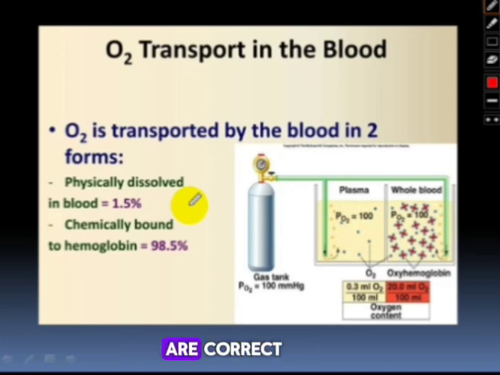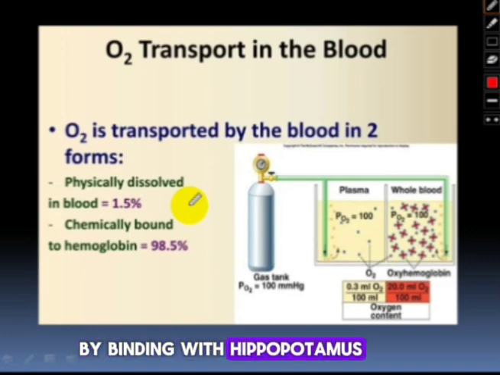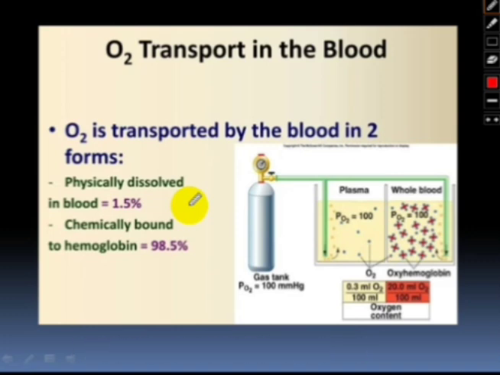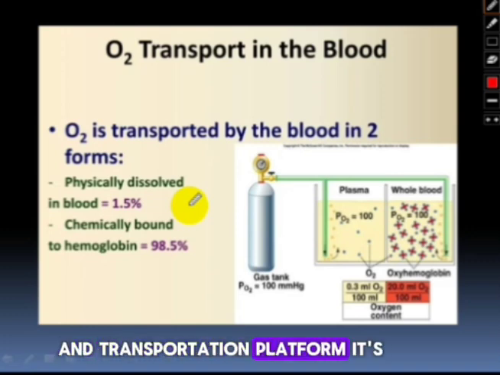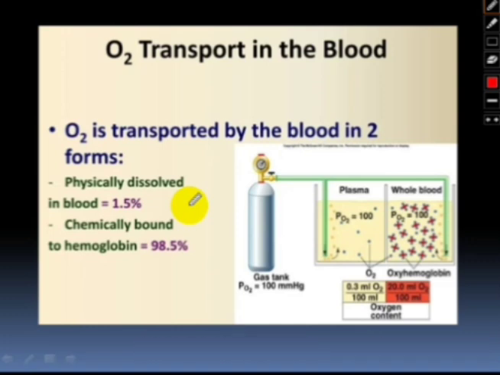All these things are correct. What we are trying to communicate to you is simple: a greater percentage of oxygen is transported in humans by binding with hemoglobin. Only a small amount dissolves in plasma and is transported in that form. It's a simple message.